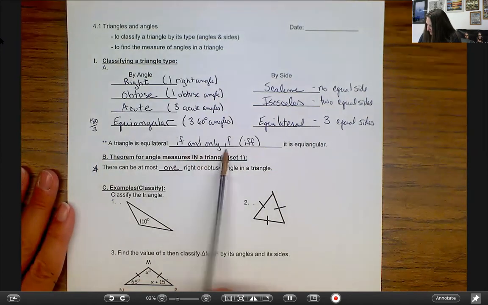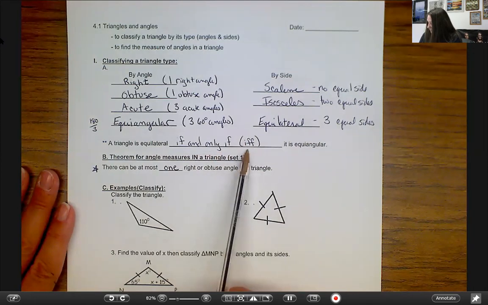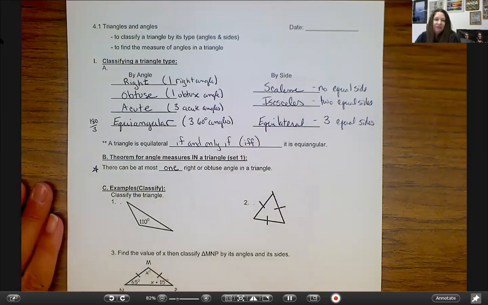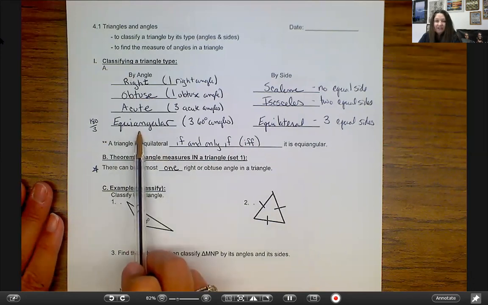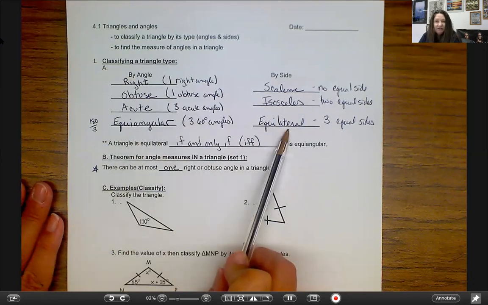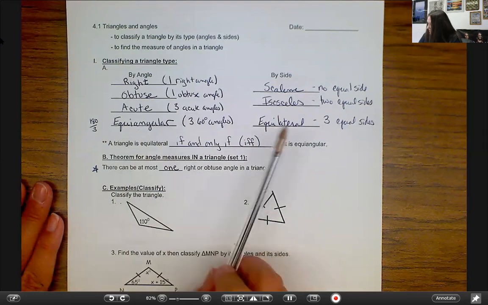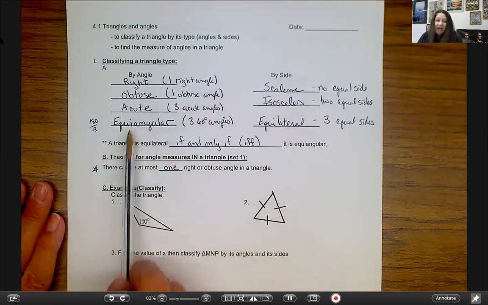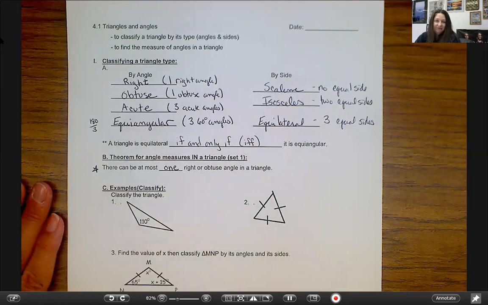If and only if is often used when writing logic statements, and sometimes they even abbreviate that as IFF. That does stand for if and only if. So if you see that, that's the case. So anytime you see an equiangular triangle, it has to be equilateral. Or anytime you see an equilateral triangle, that means it will have to be equiangular. Those must occur with each other.